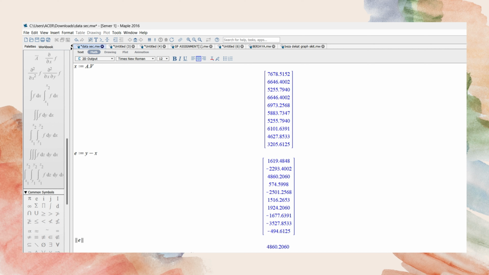Next, we will find E, which represents the vector of error, by subtracting vector X, the least square solution, from vector Y. And lastly, we will find the magnitude of error.